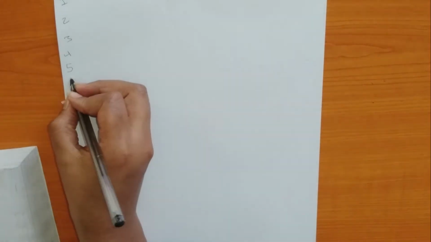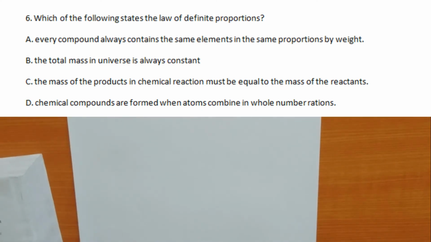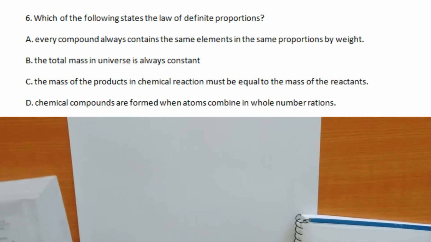Number 6. Which of the following states the law of definite proportions? A. Every compound always contains the same elements in the same proportion by weight. B. The total mass in the universe is always constant. C. The mass of the products in chemical reactions must be equal to the mass of the reactants. D. Chemical compounds are formed when atoms combine in whole numbers.